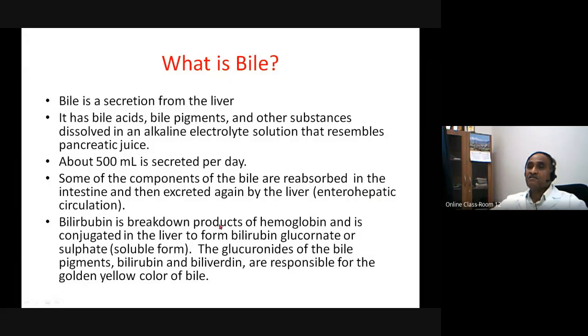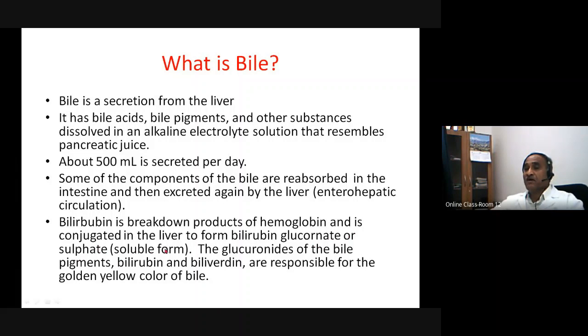The bilirubin is a breakdown product of the hemoglobin. You know, the hemoglobin is broken down mainly by the spleen and other reticuloendothelial systems, and this gives bilirubin. It is an insoluble form, so the bilirubin bound to the plasma protein albumin reaches the liver, and once it reaches the liver, it gets conjugated to form bilirubin glucuronide or bilirubin sulfate.